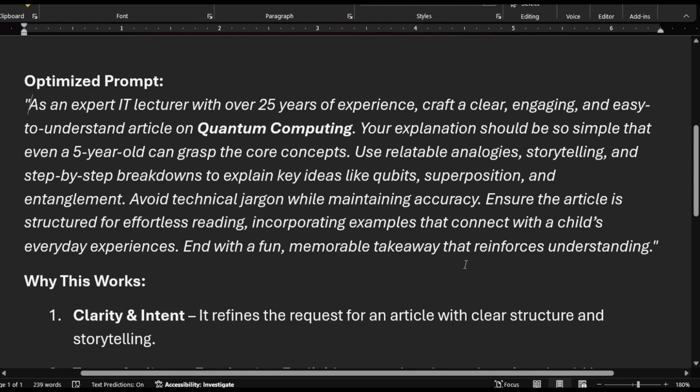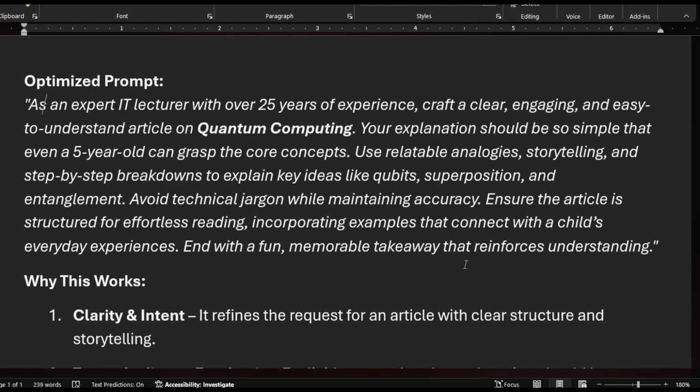Optimized prompt. Now it's saying, as an expert IT lecturer with over 25 years of experience, craft a clear, engaging, and easy to understand article on quantum computing. Look at it. Your explanation should be so simple that even a 5-year-old can grasp the core concept.